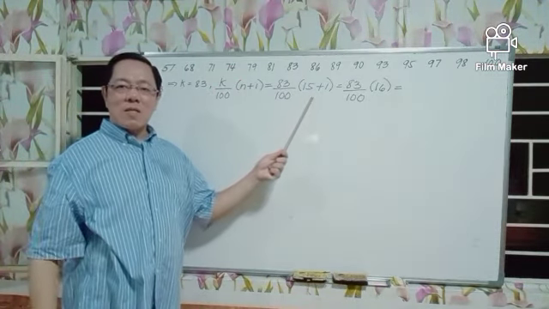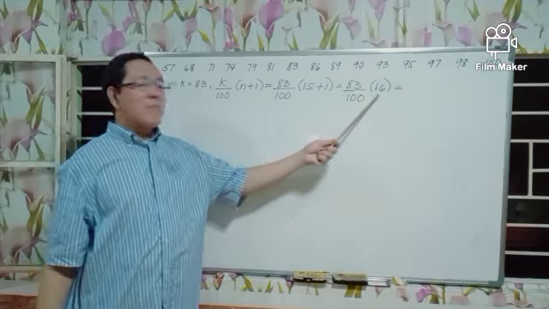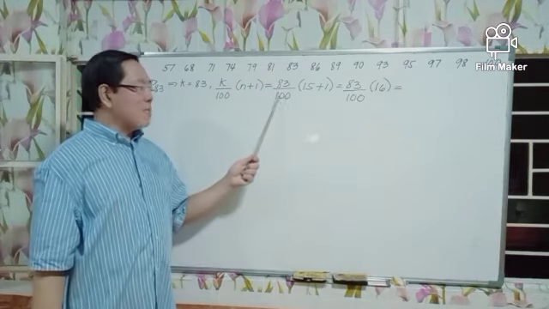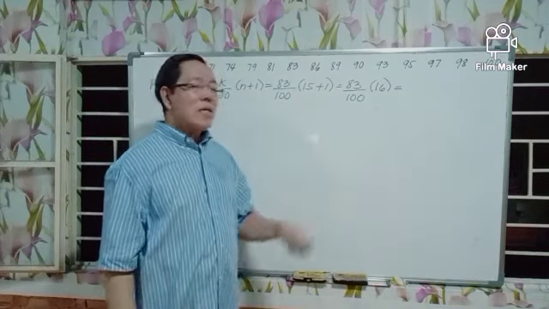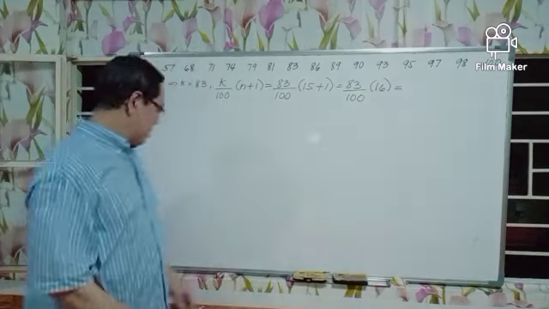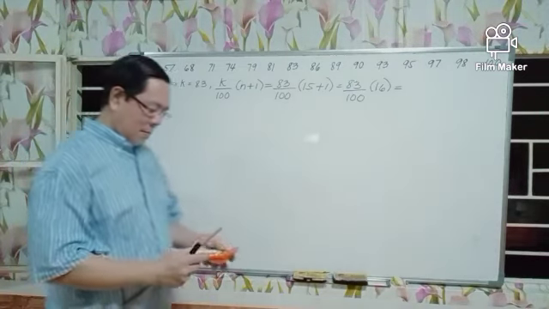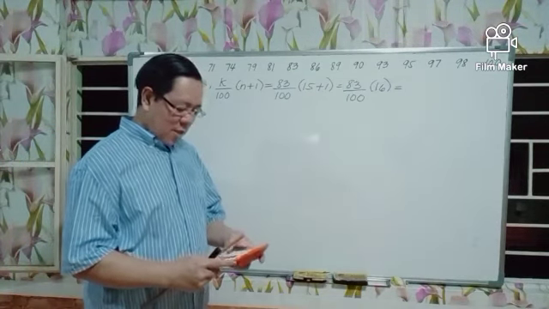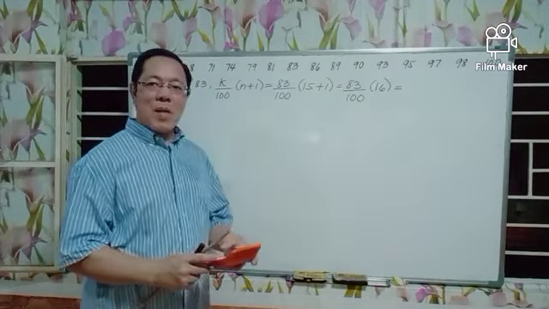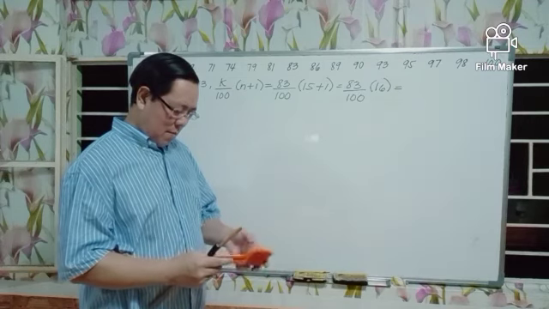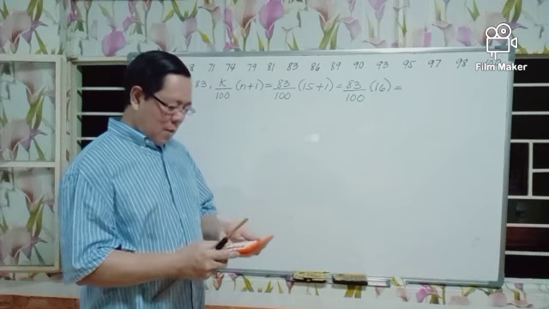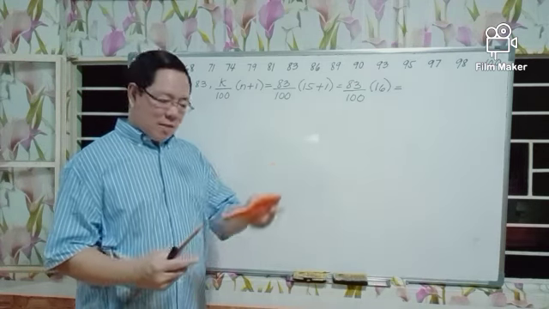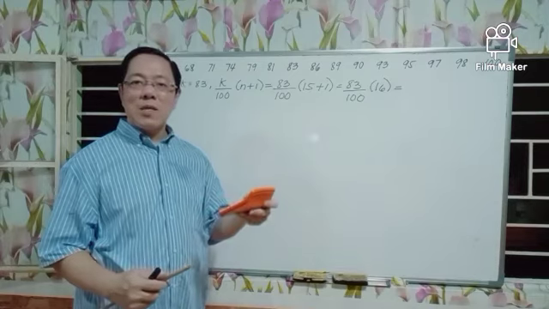15 plus 1 is 16, and we multiply 16 by 83, and we divide the product by 100. We find this value using our calculator. 83 multiplied by 16 is 1,328.